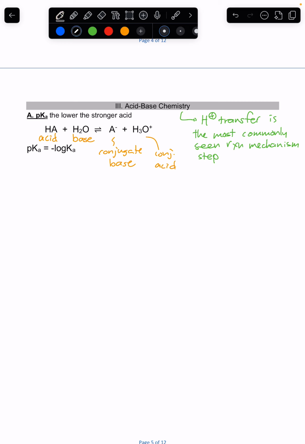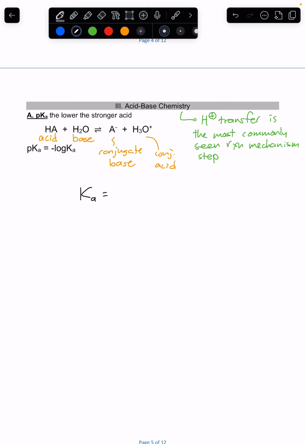And hopefully you also remember the discussion about pKa, where p just means negative log of something, like pH is the negative log of the concentration of proton. And Ka, if you recall, is the equilibrium constant for this acid reaction.